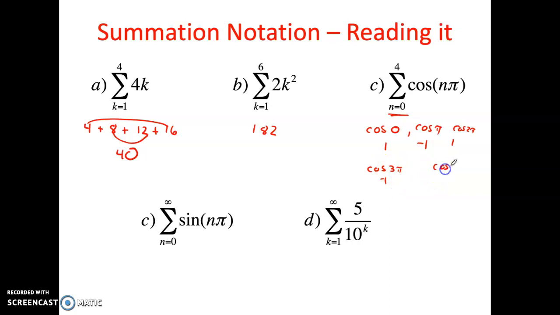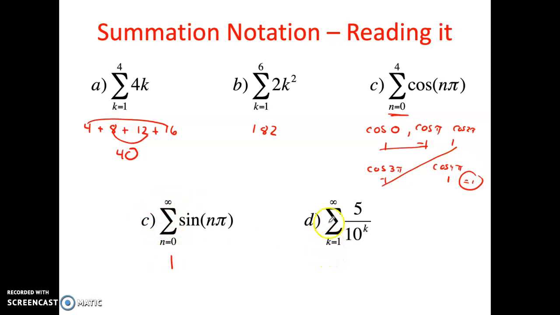And then cosine of 4 pi brings you back to 1 again. When you add this together, these zero out, so our sum would be equal to 1.